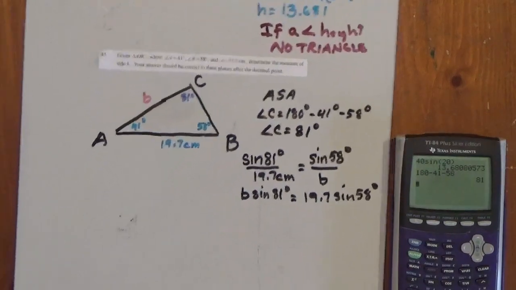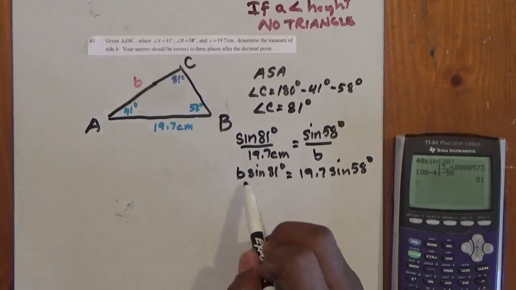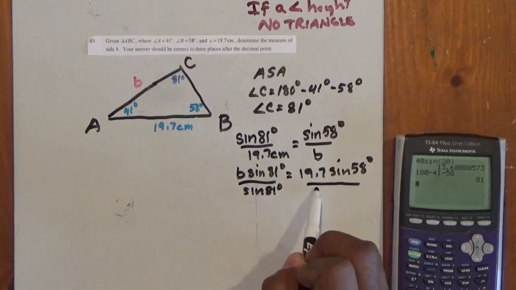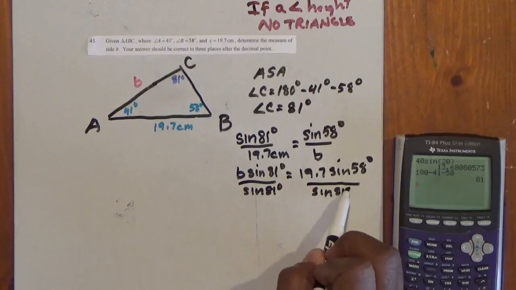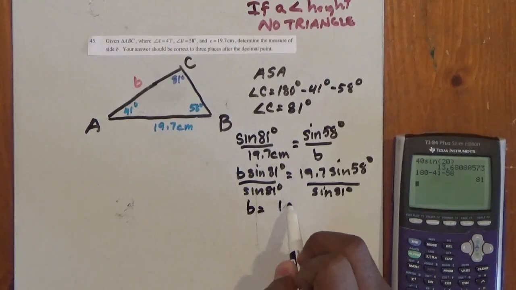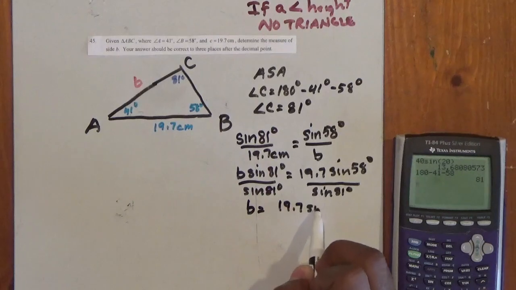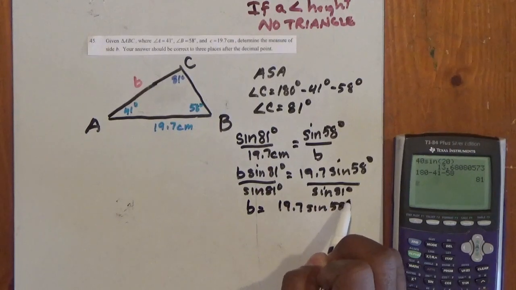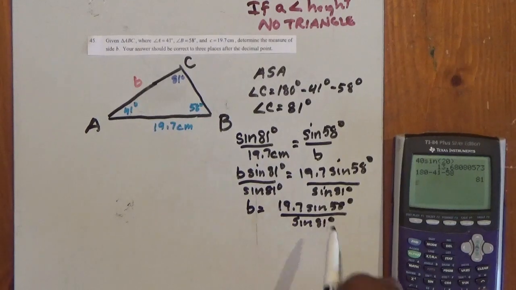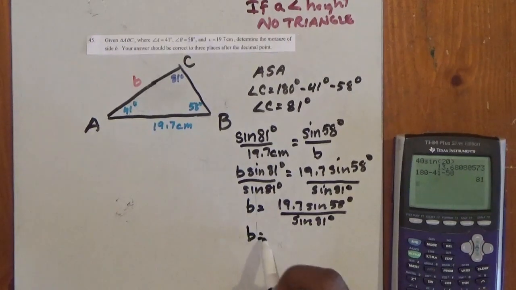From there, divide both sides by sine 81 degrees. That gives us B is equal to 19.7 sine 58 degrees all over sine 81 degrees.